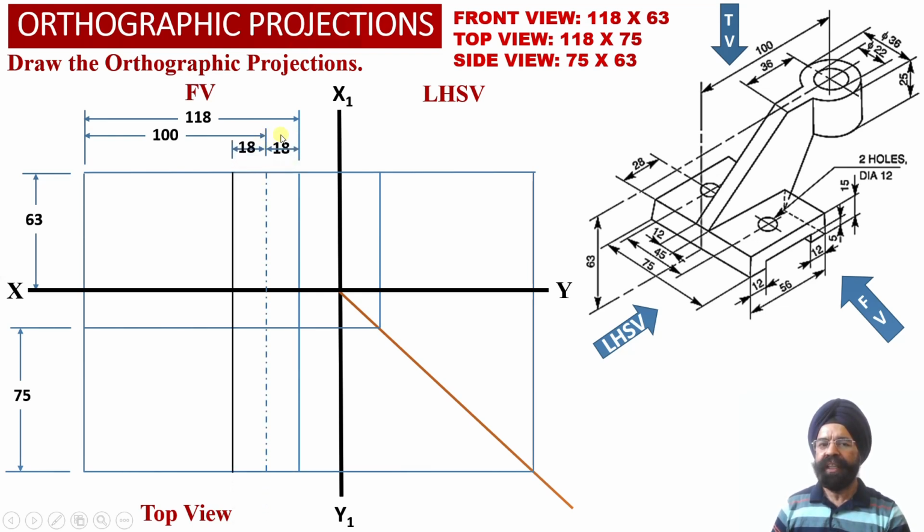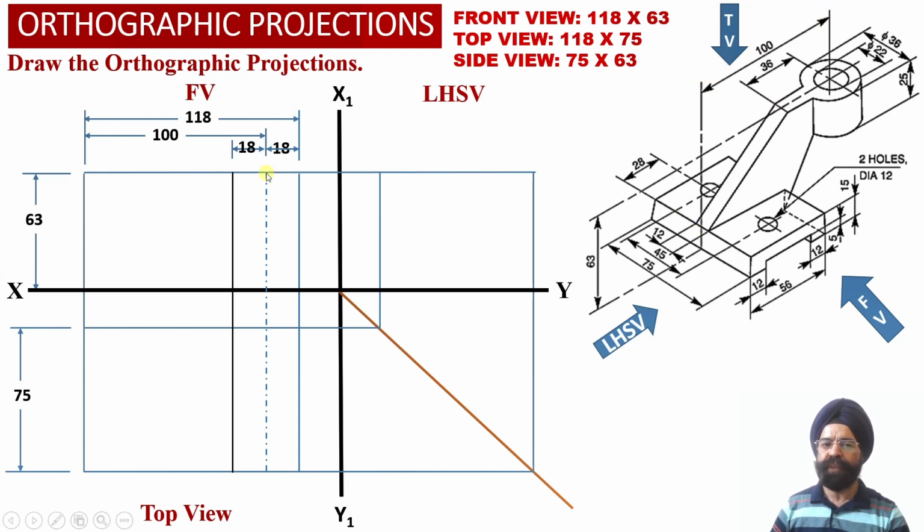So this way, this distance we have measured as 18 millimeter. So automatically this distance of the center from the left hand side face of the solid, this is the left side face of the solid. So the distance of the center of the cylinder from the left side face of the solid is equal to 100 millimeter.